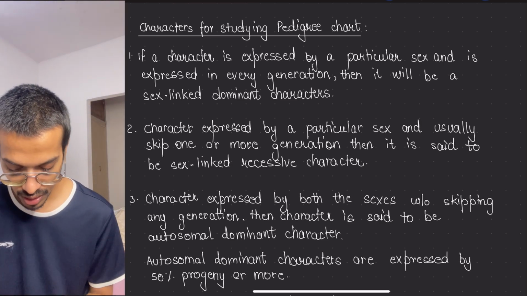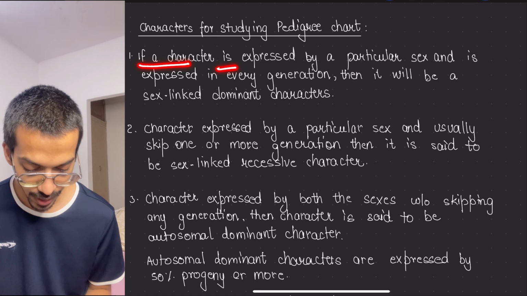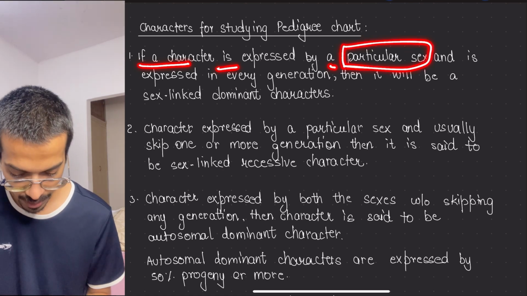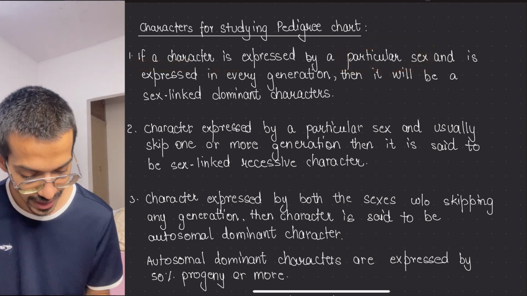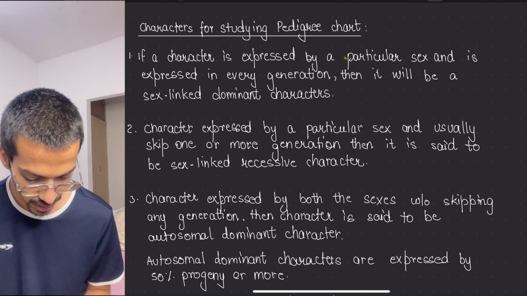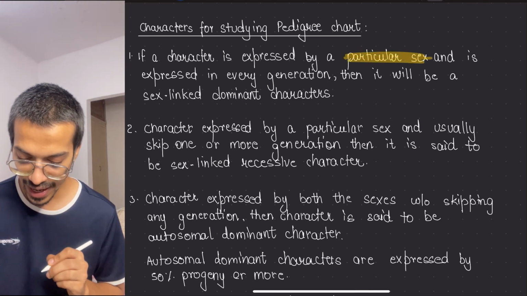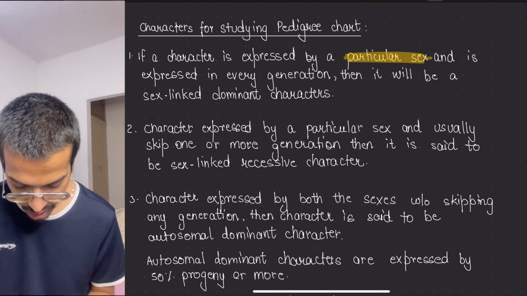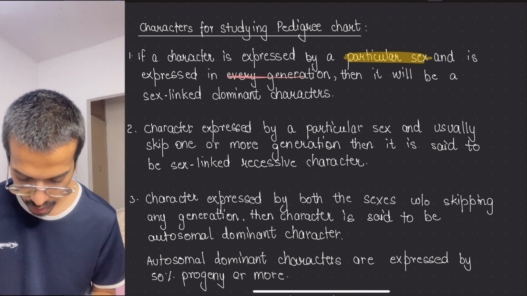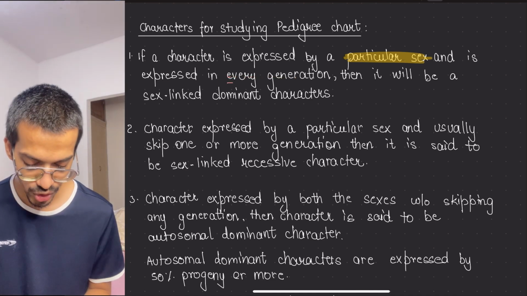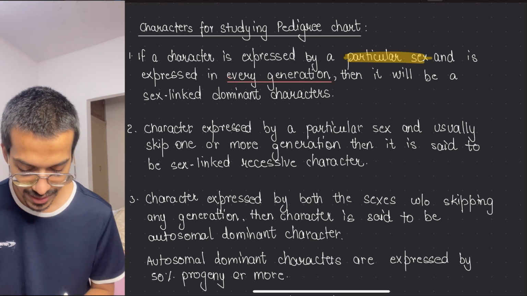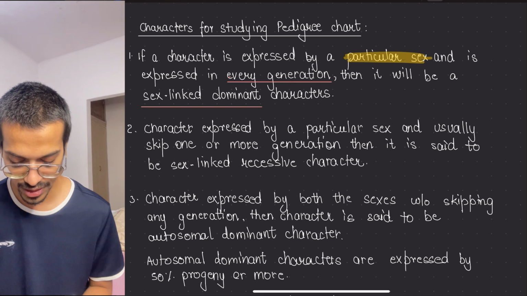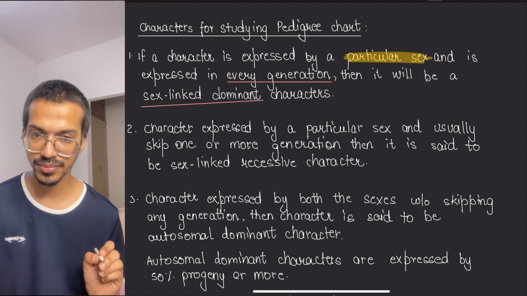First, if a character is expressed by a particular sex only, and expressed in every generation, it becomes sex-linked, because only one sex is showing it, and dominant because every generation is showing it.